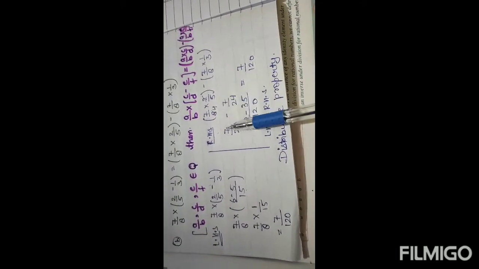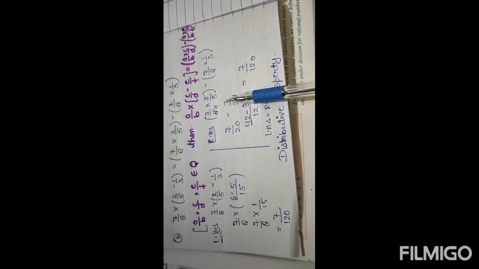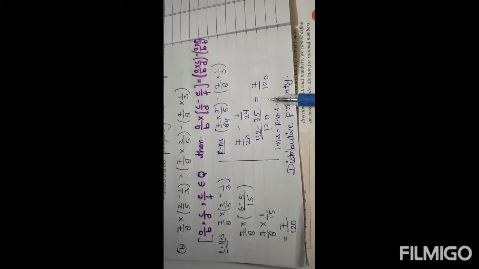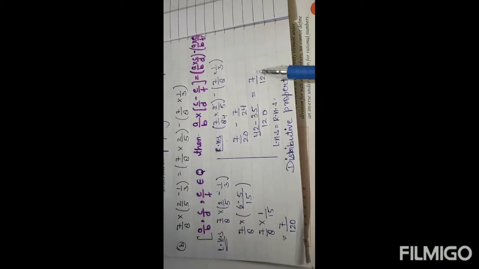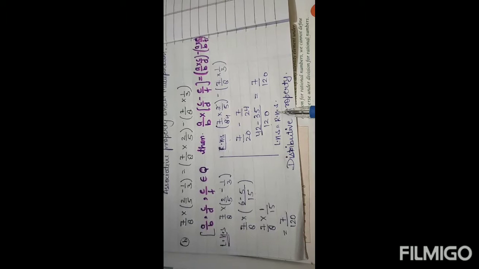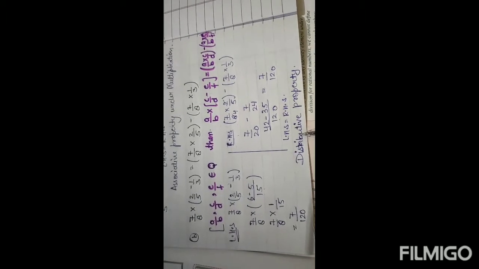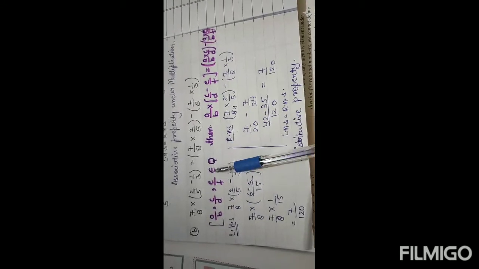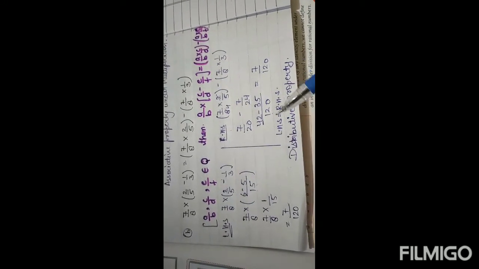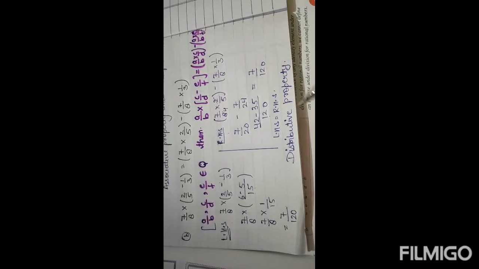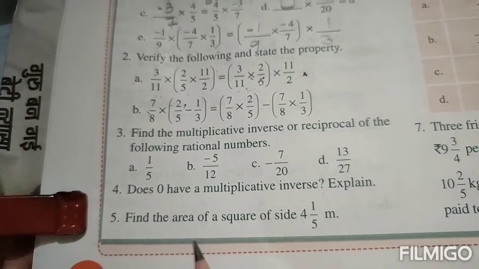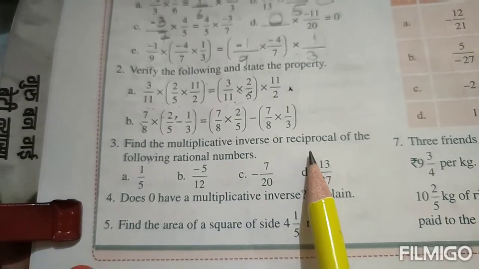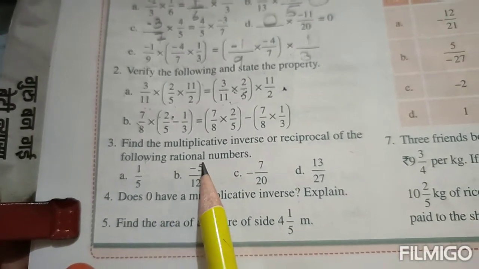It will be 7 by 20, 7 by 24, then taking LCM, getting 120, and the answer will come the same, that is LHS is equal to RHS. And I have already told you which property is used here, that is the distributive property. On to the next question, that is, find the multiplicative inverse or reciprocal of the following rational numbers.